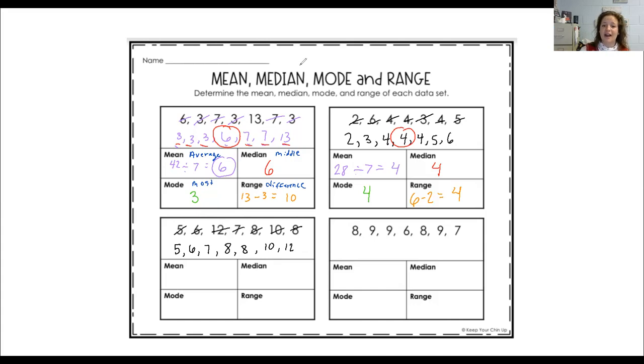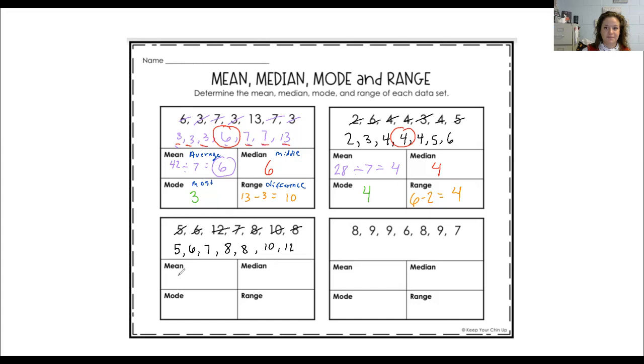So let's look at our mean first. What is another word for mean? Average. Very good. So we've got to add these all up. So we've got 5 plus 6 plus 7 plus 8 plus 8 plus 10 plus 12.